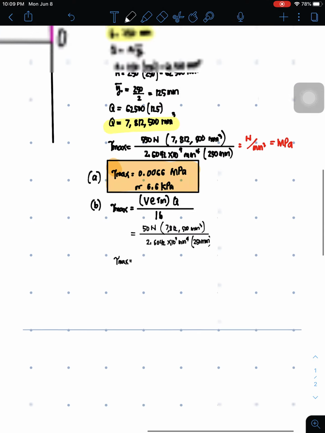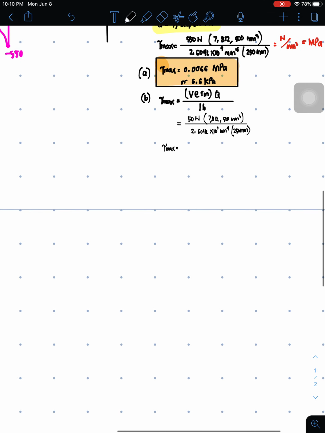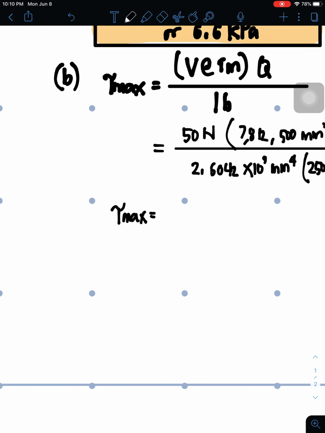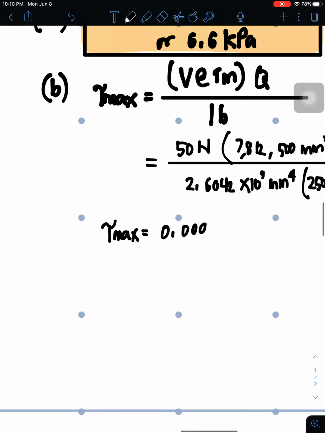And we will obtain a much lesser value because we are only using 50. So the value here is 0.0006 MPa.